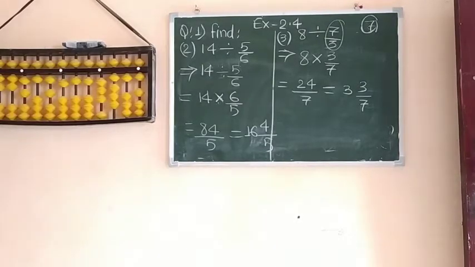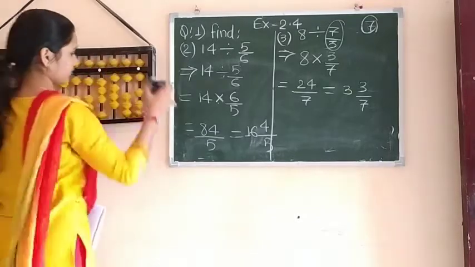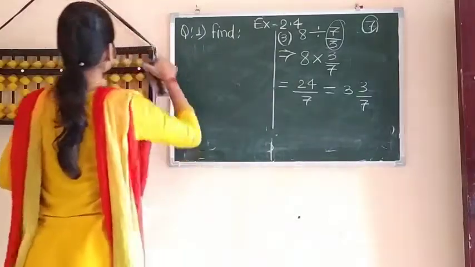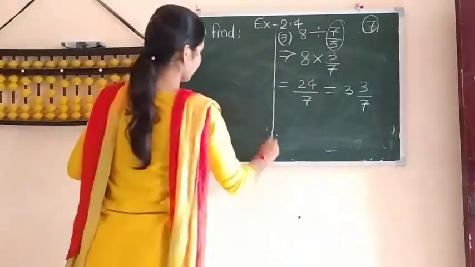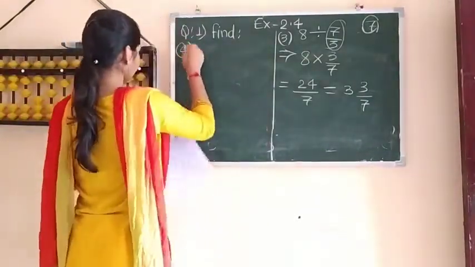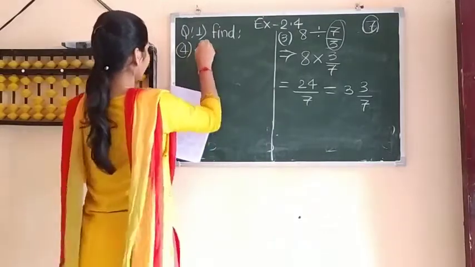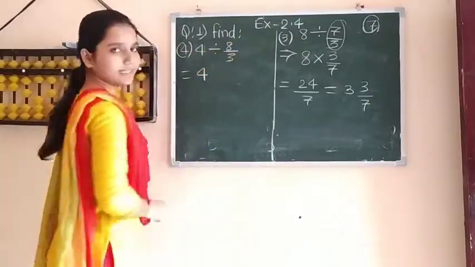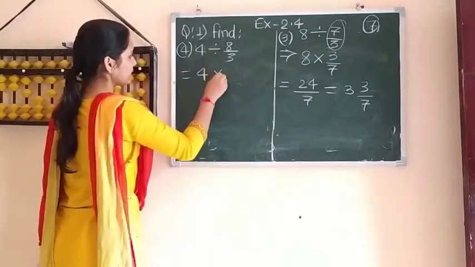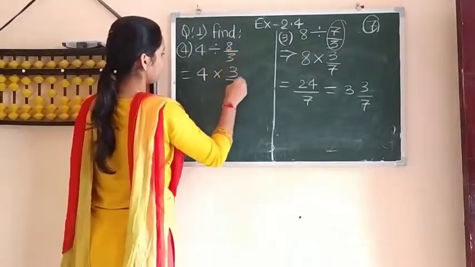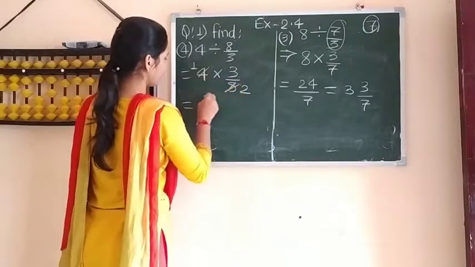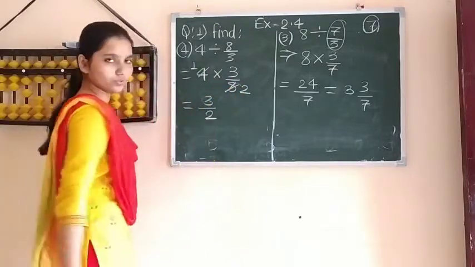Similarly, next, fourth one, 4 divided by 8 by 3. So how to solve this? Write down this 4 as it is. Multiplication, reciprocal. 4 1s are 4, 4 2s are 8. So the answer is 3 by 2.